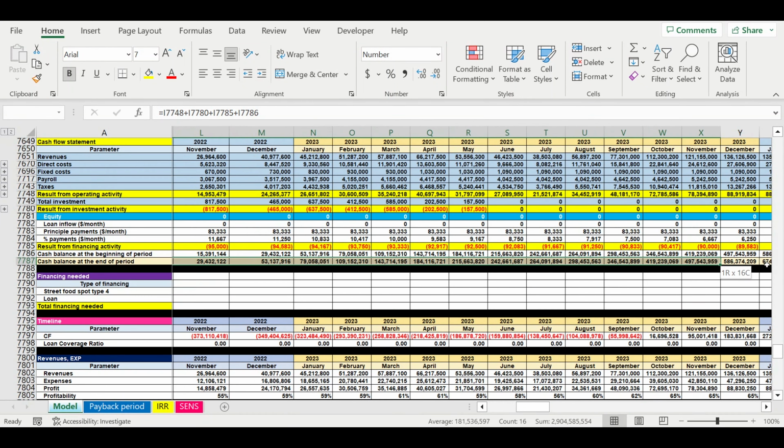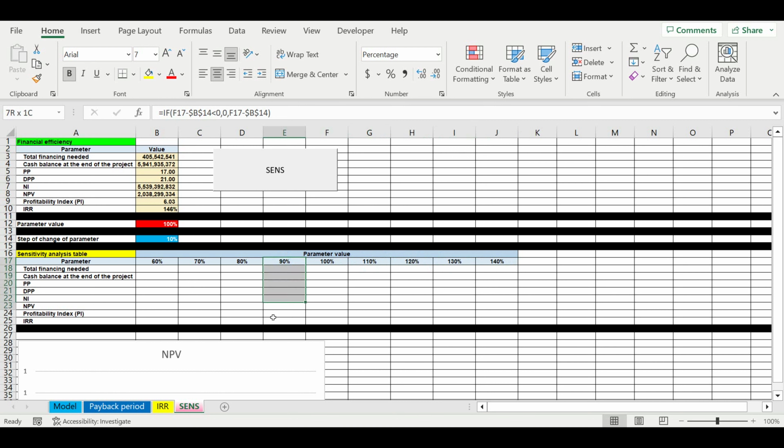Now this coefficient has been added to our model, and we can just delete this area. We are going to look at the financial efficiency with a step of change of the parameter of 10%. So 100% is the basic value of financial efficiency, and then we see what will happen if the amount of checks will rise by 10%, 20, 30, 40%, and here will be the financial efficiency if the amount of checks will be 90% of the base value, 80%, 70, 60.